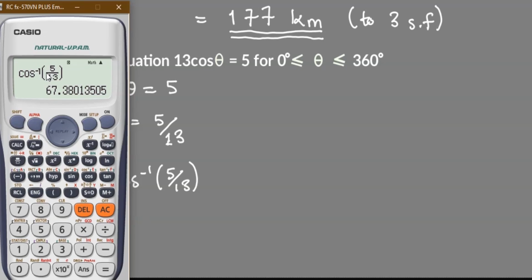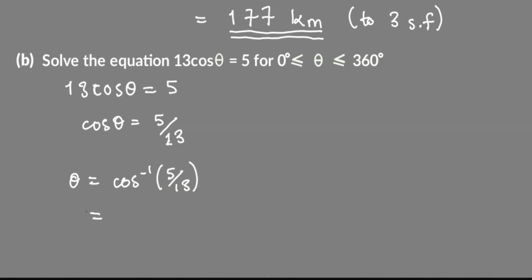So our first answer for theta is going to be 67.38. Remember, our answers are supposed to be rounded off to 1 decimal place if they are inexact angles. So it will be 67.4 degrees. Then remember, the other positive value of the cos function is in the fourth quadrant.